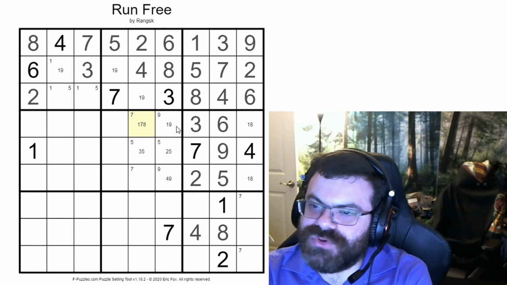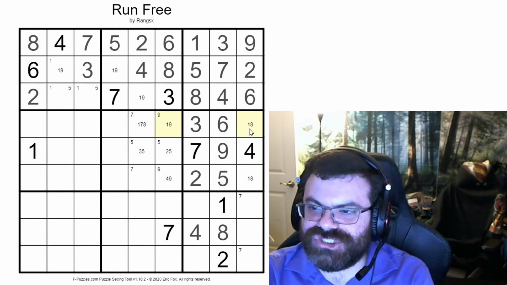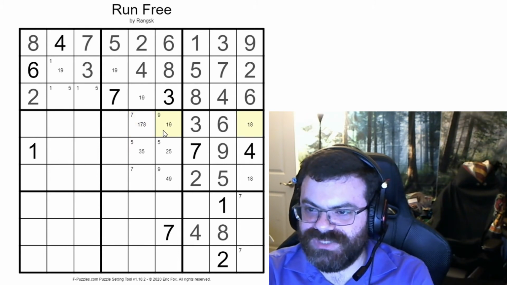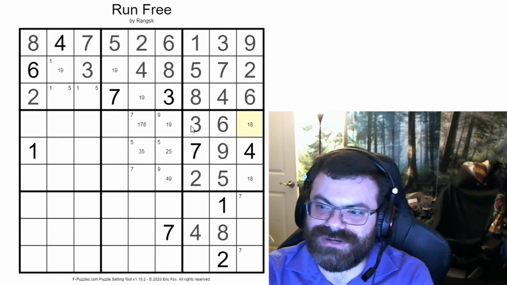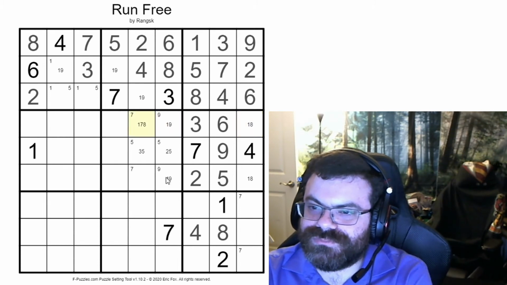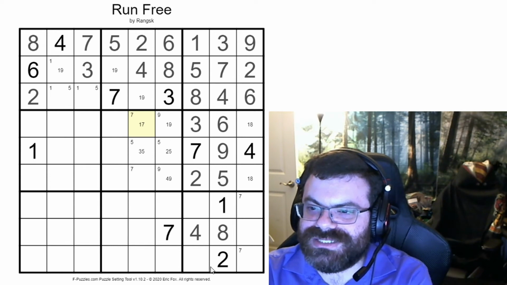But I suppose what you can look for, again, is these pairs that share a number. We need to make sure that if we eliminate one of the candidates, then we're not also eliminating the other possibility in this square. So this can't be 8. Now we're down to 1 and 7.